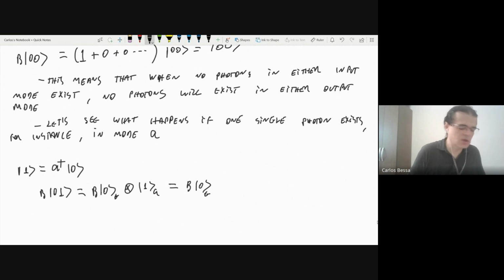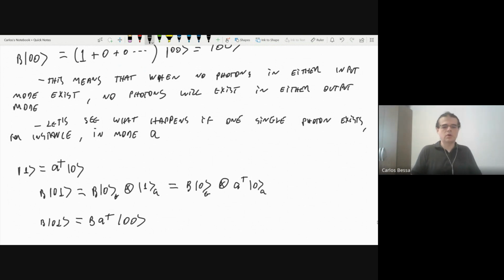I'll put B here, don't get confused. A dagger 0. So B01 is the same as B, A dagger and 00 will return to this 00. So B01 would be written this way. And remember that this A dagger is applied to the right mode only.